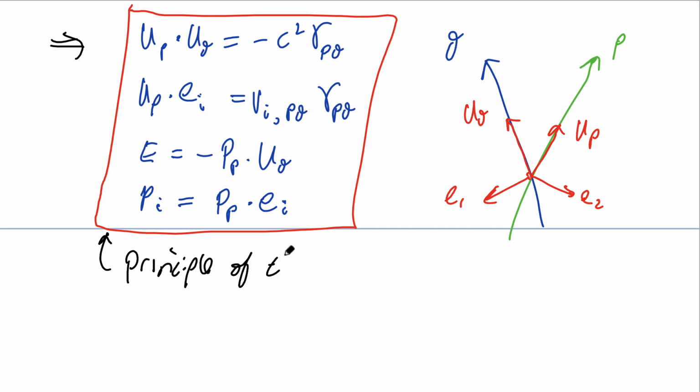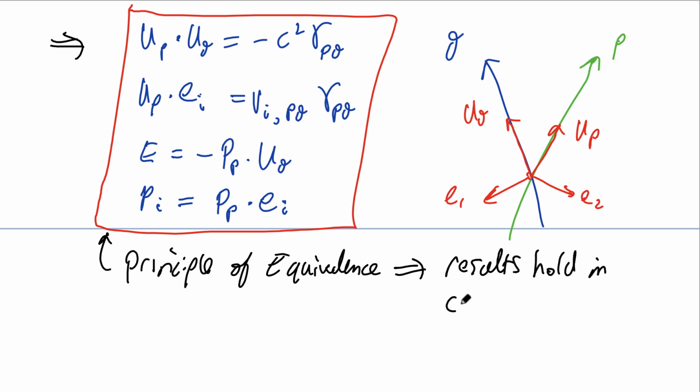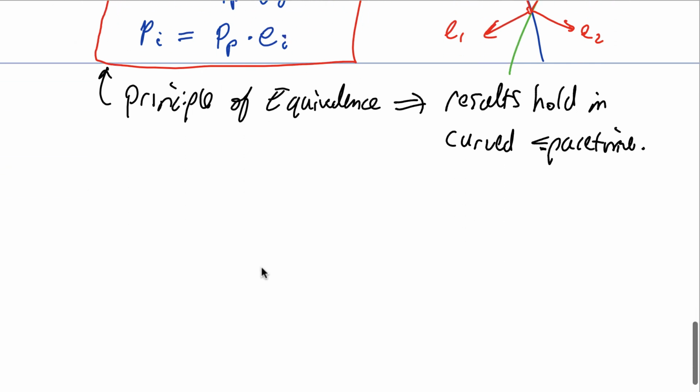So the principle of equivalence tells us that these results hold in curved spacetime. So now, keeping these results in mind, let's turn to the interpretation of the stress-energy momentum tensor.